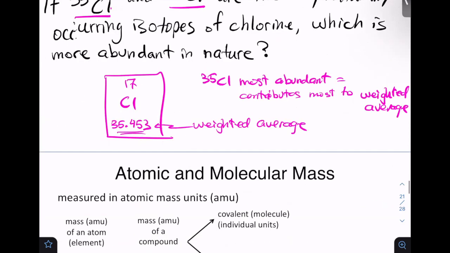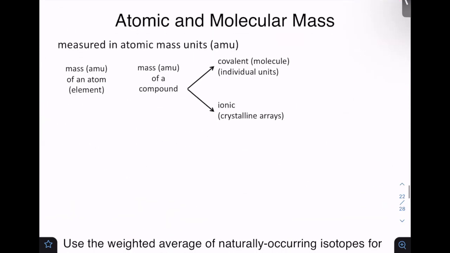Okay, in the few minutes that remain, let me start breaching into the next topic here, which is related to all of this. Now that we know what isotopes are and what the weighted average is, we're going to start using that information to start taking account of the atomic masses of compounds, not just of elements.